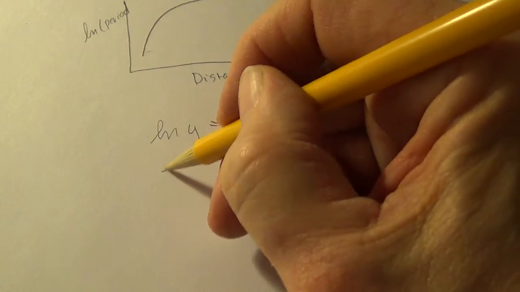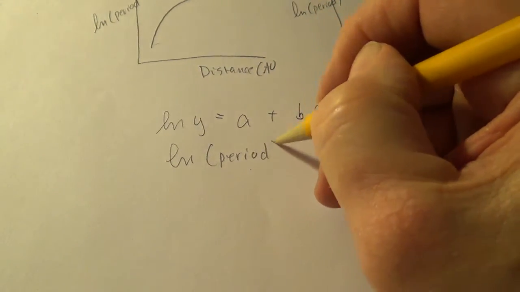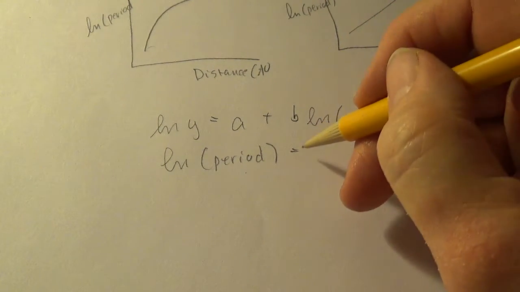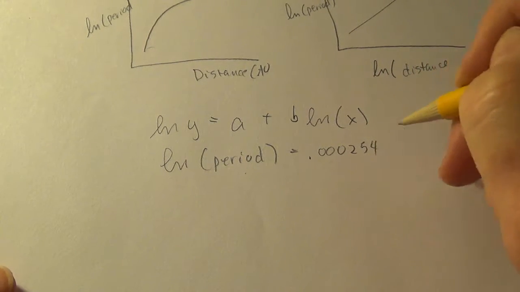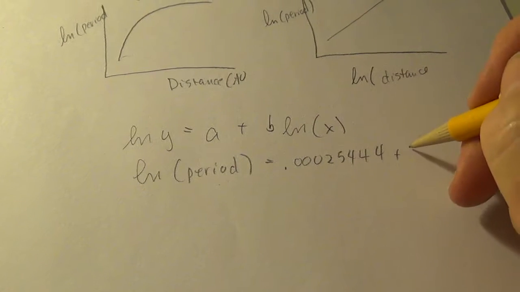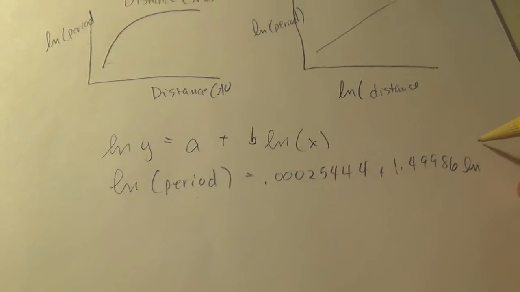So now adding meaning, ln of the period of the planets equals the y-intercept from Minitab plus 1.49986 ln of the distance.